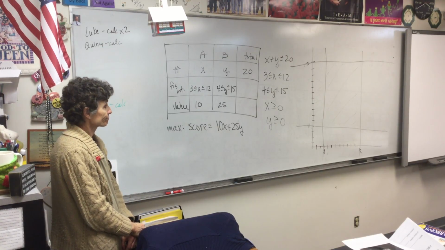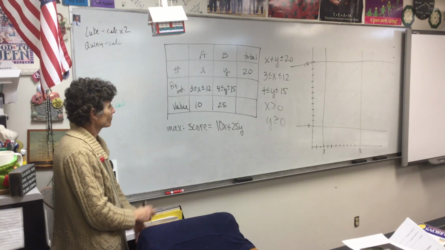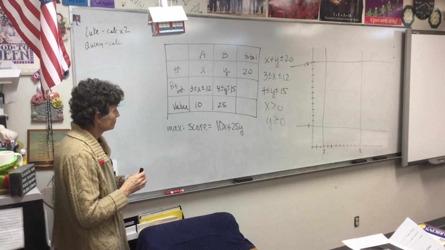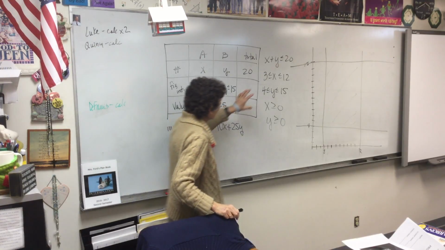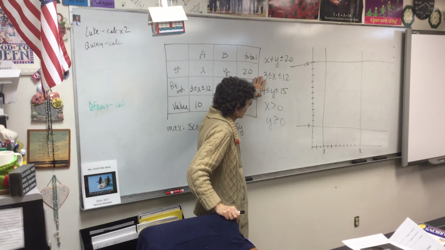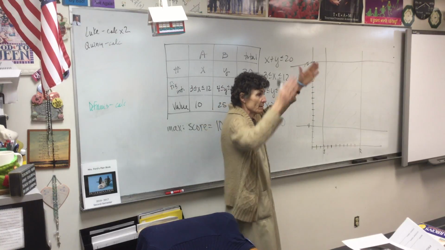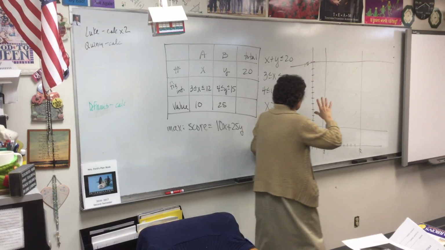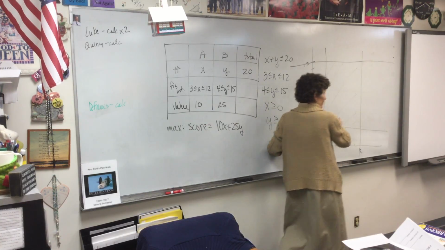Right? Okay. Now I've already graphed these two. Is that all right with everybody? I'm in between these x's and in between these y's. So I'm looking at this box right here.